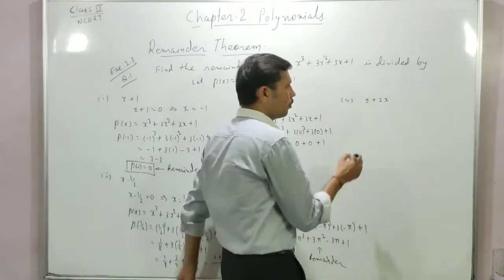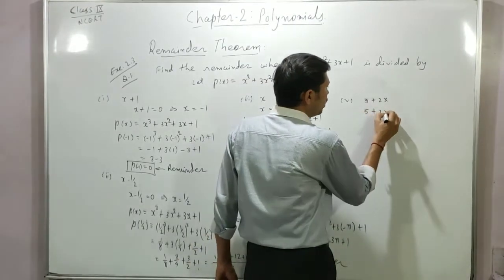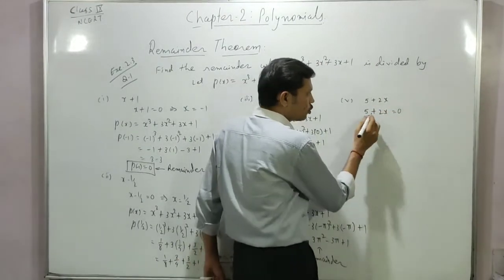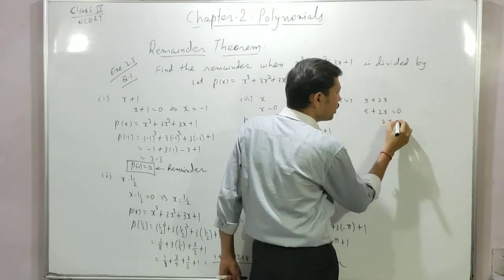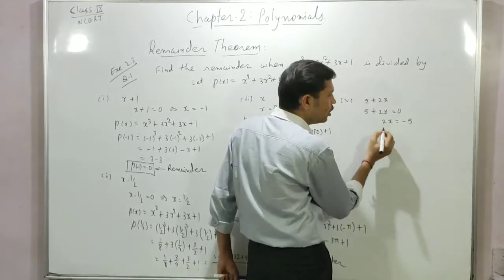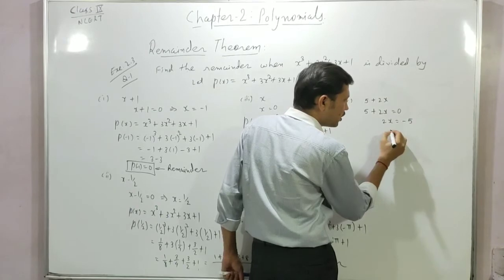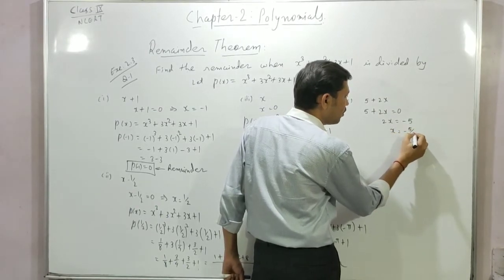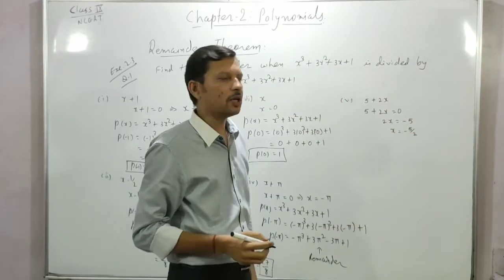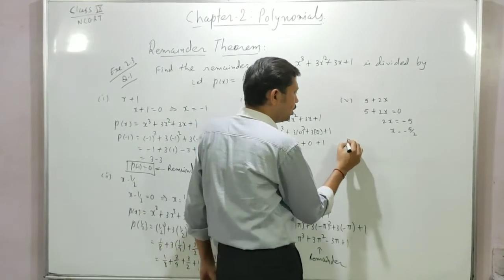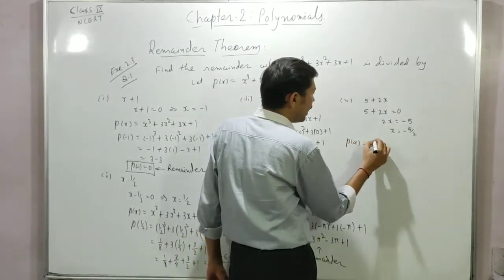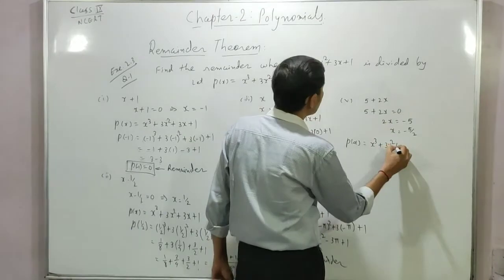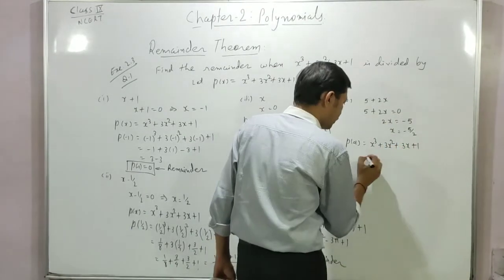Okay. Now last one. Again this polynomial we will compare with the 0. So first shift the 5, bachcho. So 2x is equal to what? Minus 5. Now 2 is multiplication, so it becomes division. So it will be minus 5 by 2. Now we will replace this value in our polynomial. What is our polynomial? P of x is equal to x cube plus 3x square plus 3x plus 1.